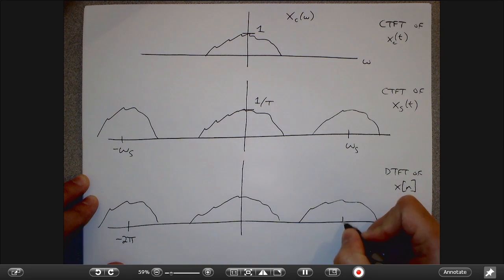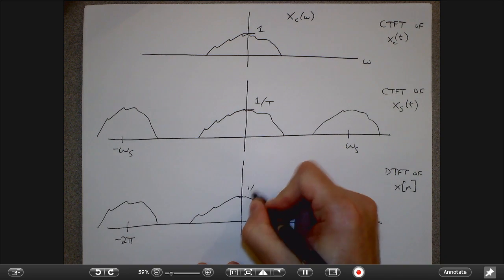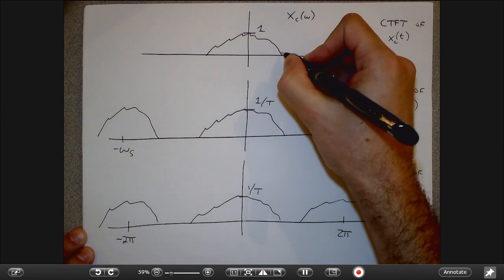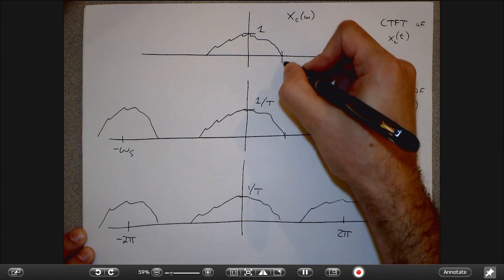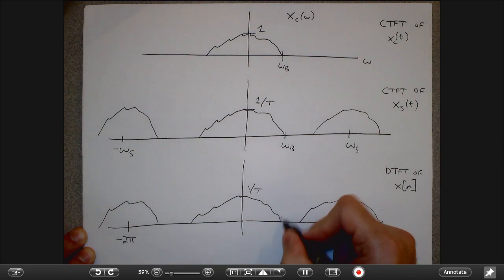I'm scaling the axis so that the copies reoccur at multiples of 2 pi instead of multiples of the sampling frequency, right? So if this was the band limit omega b, and this was the band limit omega b here, what does this become?